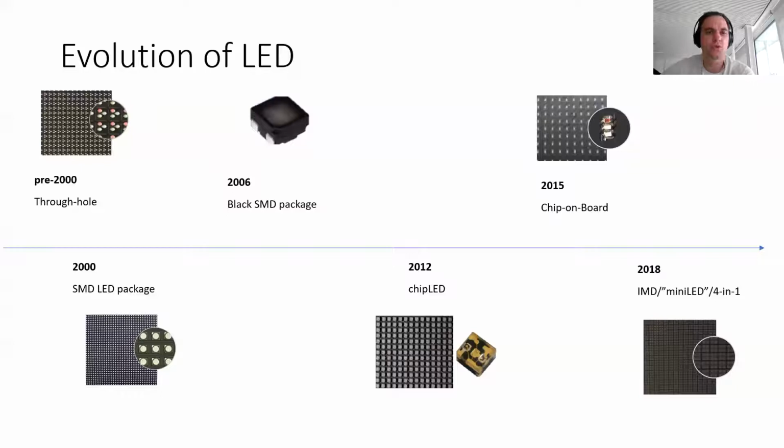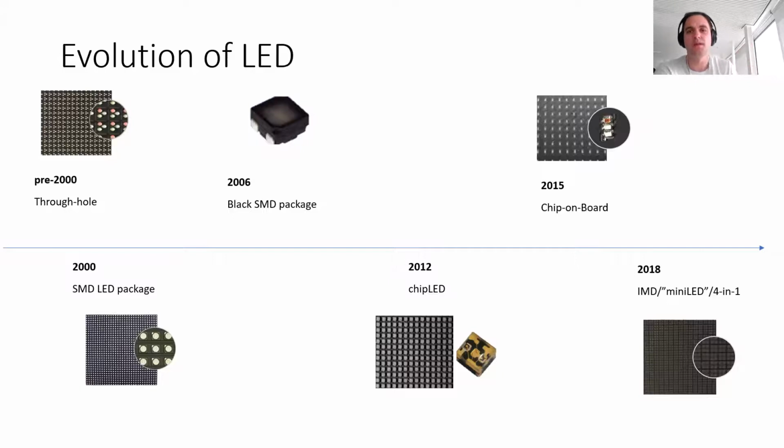The evolution went to the 3-in-1 SMD LED packages, first white, but as the LEDs became more efficient, we actually could use black-faced SMDs. Later on, because of the smaller pixel pitches, we needed to move to yet another technology, which is referred to as chip LED. And actually, it's quite similar to SMDs with the big difference being the manufacturing process.